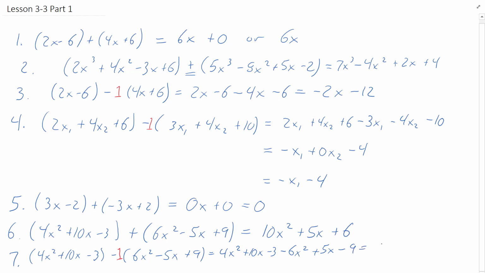And if we combine our like terms, we're going to end up with a negative 2x squared now. We're going to end up with a plus 15x, and we're going to end up with a minus 12. So our results, even though we're using the same two polynomials, are quite different.